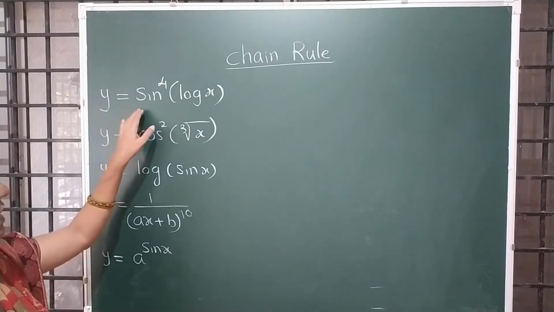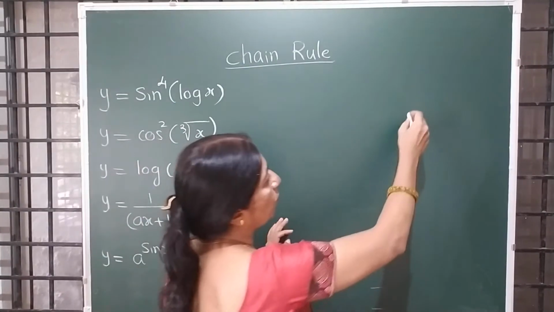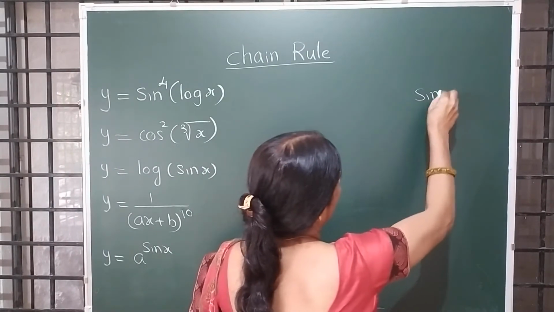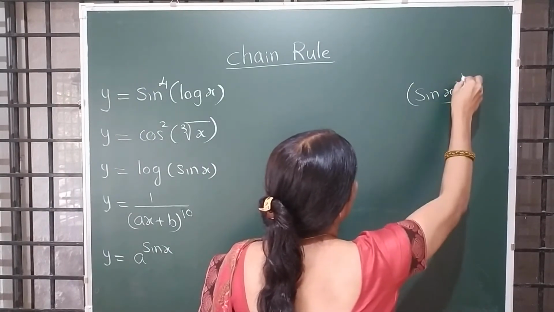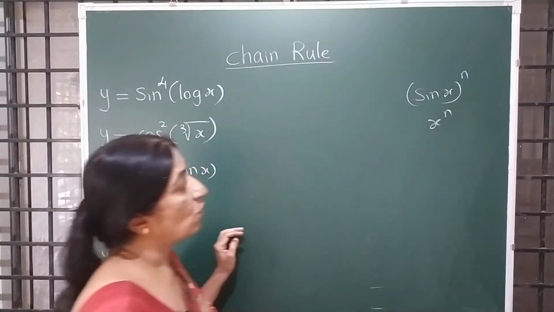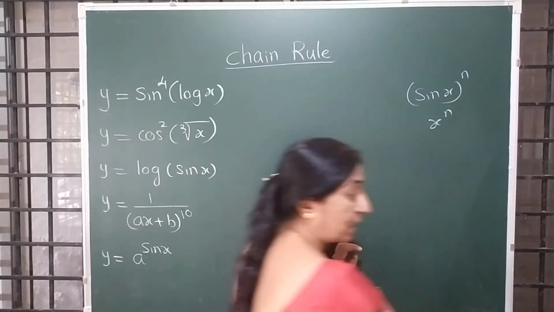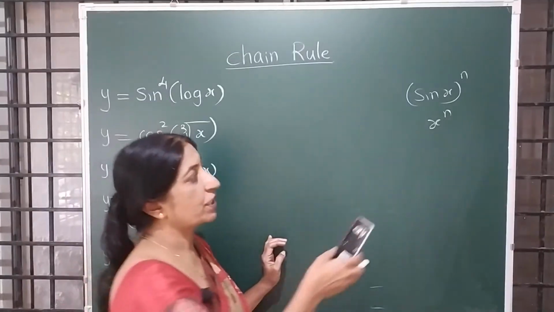First one, sin to the power 4 of log x. When you see this, it is in the form of sin x whole raised to n. Originally it is in the form of x to the power n. So if it is x to the power n, what are you differentiating?